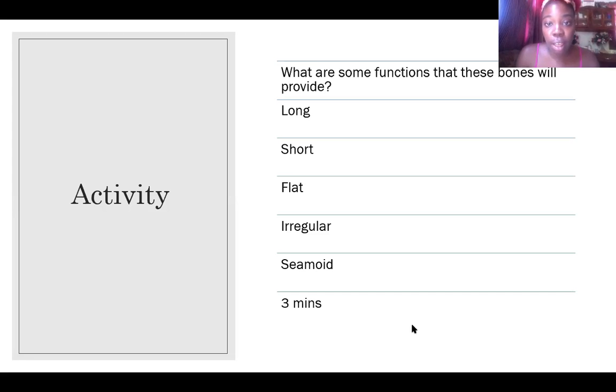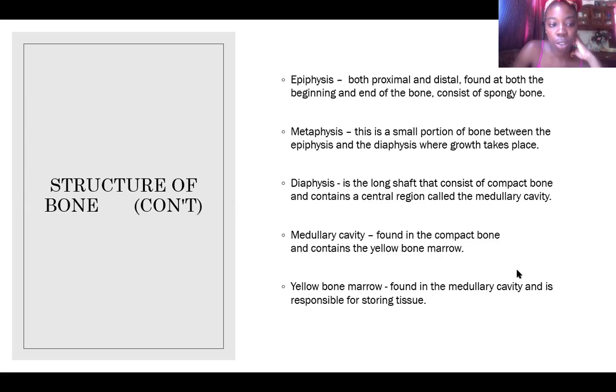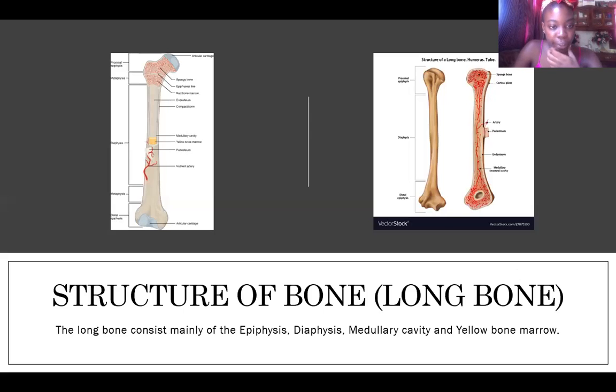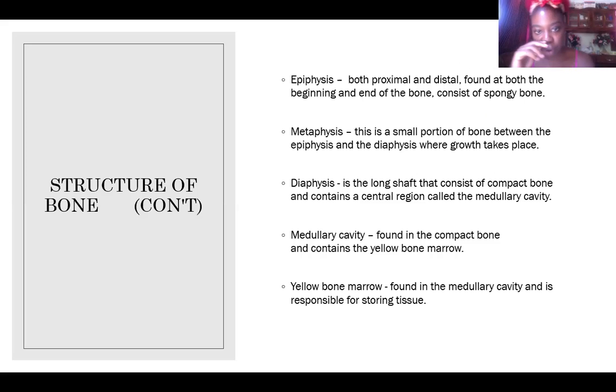Okay, so the next thing that we will be doing is the structure of a long bone. A long bone consists of a lot of parts, but we'll mainly be dealing with your epiphysis, your metaphysis, your diaphysis, the medullary cavity, and yellow bone marrow.